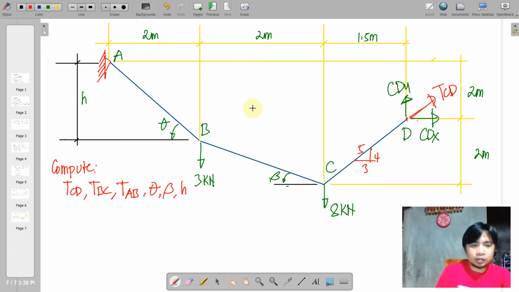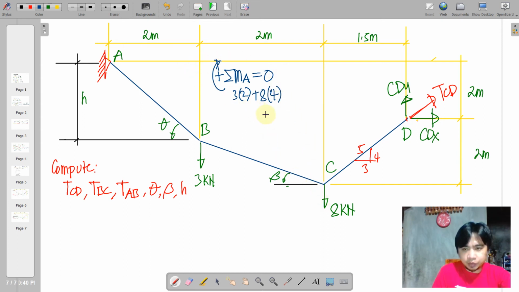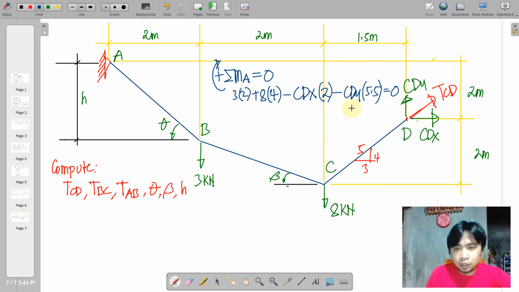So we write now the moment equation. We have summation of moments at A equal to 0. We have the clockwise moment 8 times 4 less CDX times 2 less CDY times moment arm of 5.5.